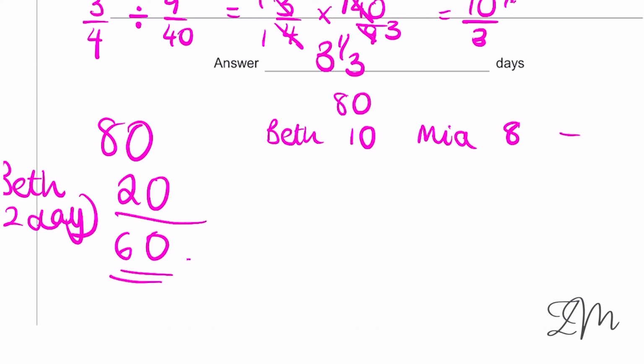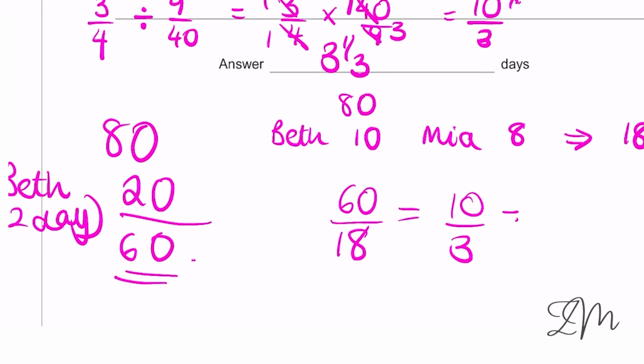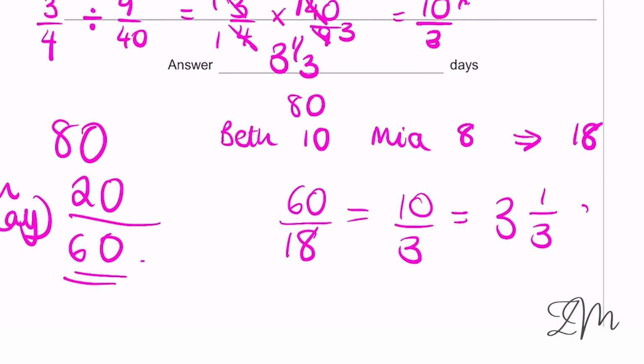So altogether, they can do 18 if they work together. There's 60 left. So you're going to have 60 divided by 18. So 60 over 18. So we can cancel that down, divide both by 6 to give you 10 over 3, and we're in the same place. We've got 3 1/3 days.